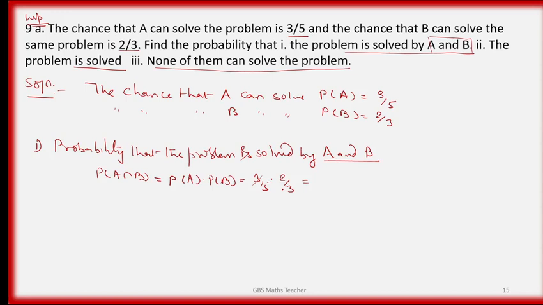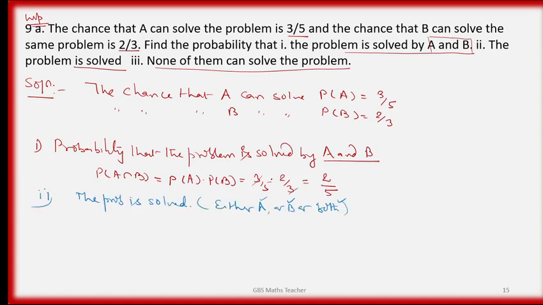Now move to the second part, dear students. The problem is solved. यो problem is solved भनेको कस्तो अवस्थामा हुन्छ भन्दा either A or B or both. एउटा A ले सल्भ गरिने प्रब्लम सल्भ हो, B ले मात्रै सल्भ गरिने भयो, दुईटैले सल्भ गरिने सल्भ भयो.